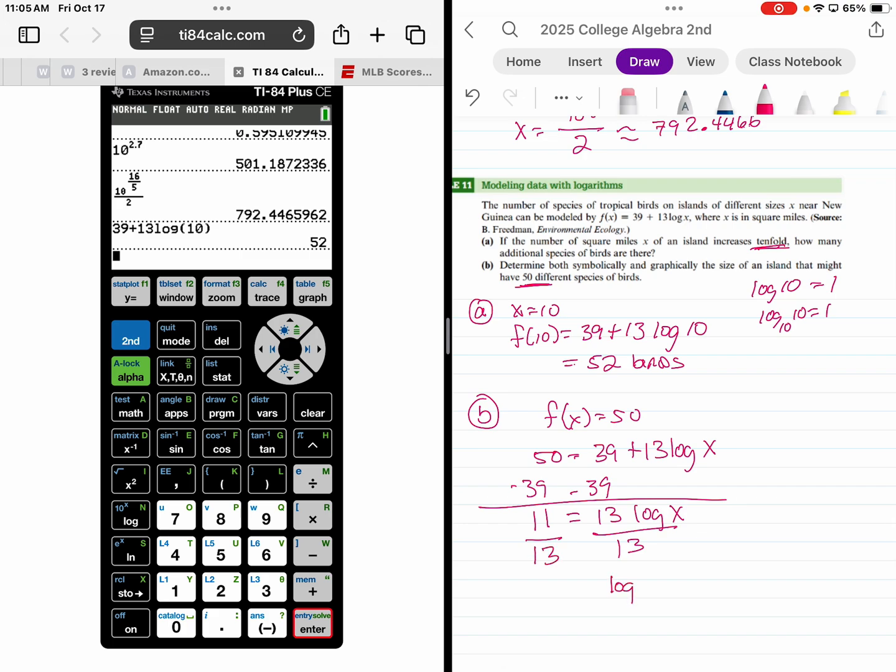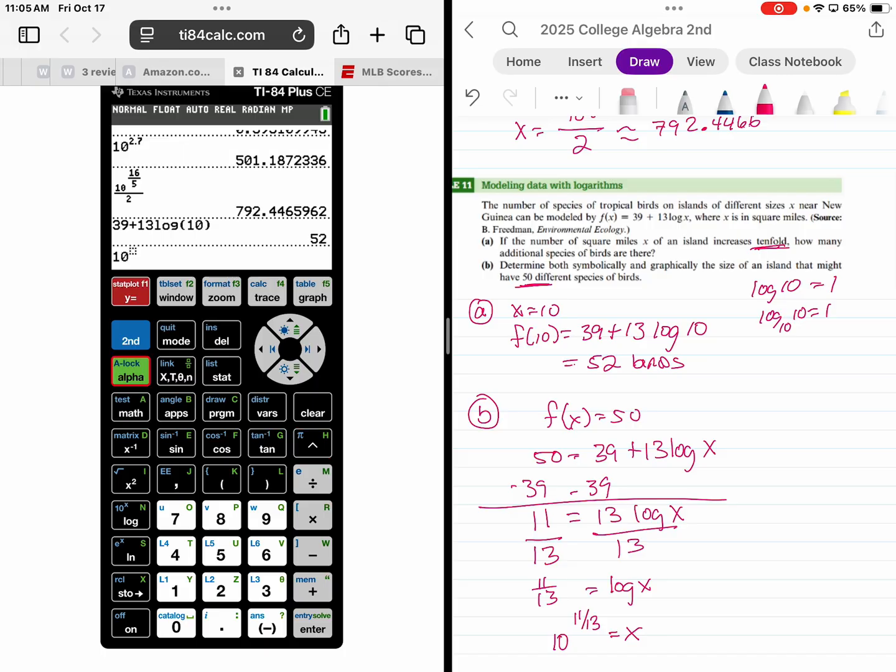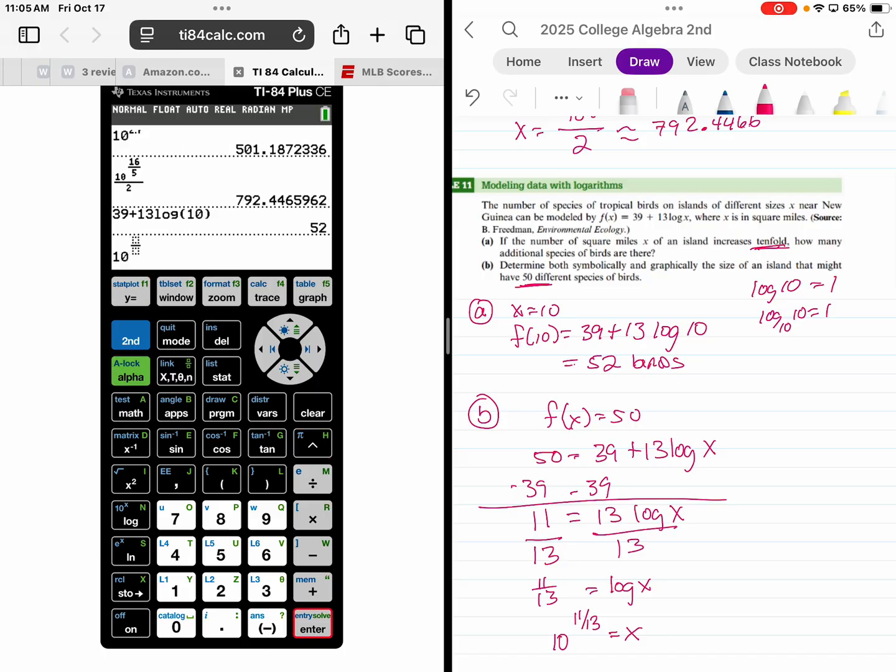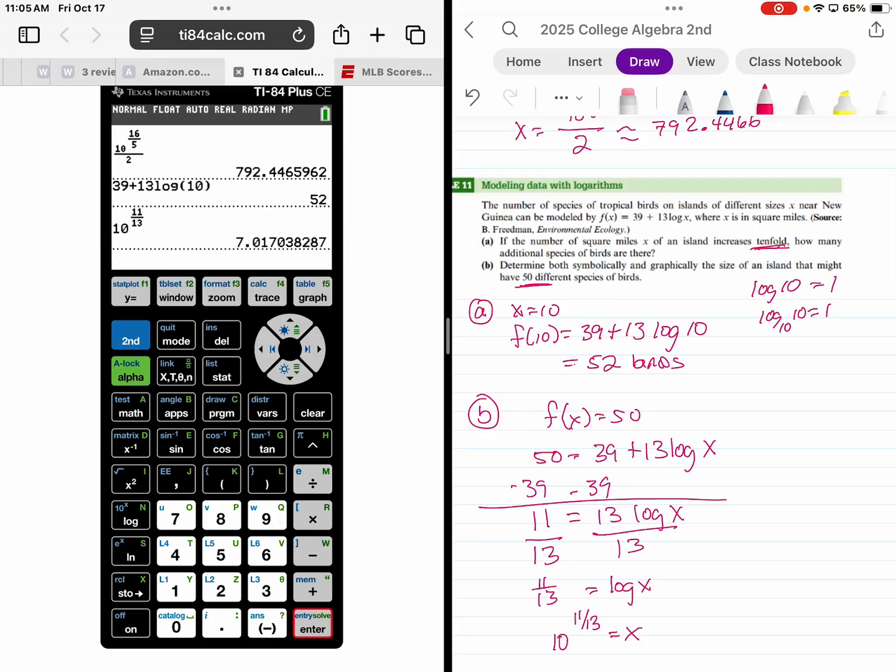I get log x equals 11/13. Now I'm going to rewrite it. 10 to the 11/13 power equals x. So 10 raised to the fraction power 11/13. And that tells me that x is approximately 7.0170. So less than 10.